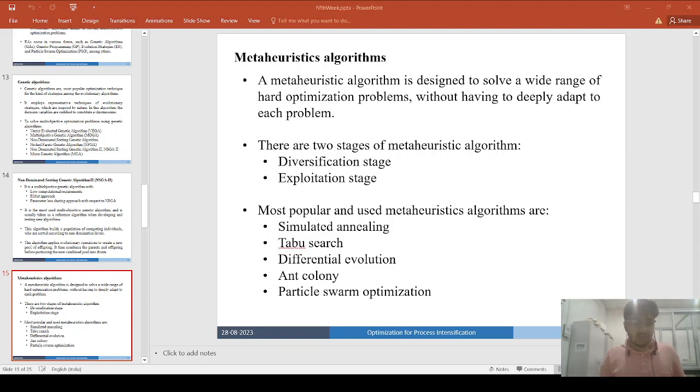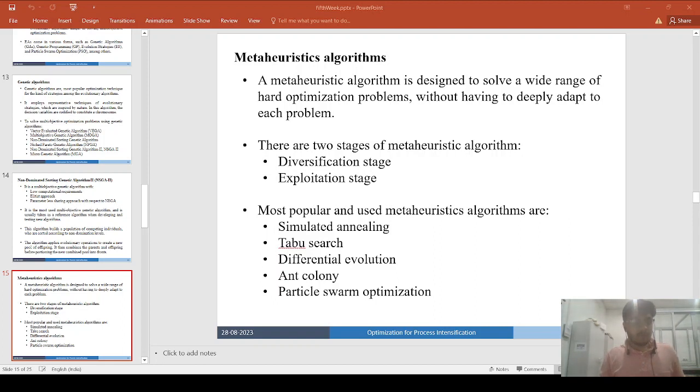If a meta-heuristic algorithm gives more weight to diversification, then you may not get close to the global optimum. But if you give more weight to the exploitation stage, then you could fall into a local optimum. That is the trade-off you have to deal with.